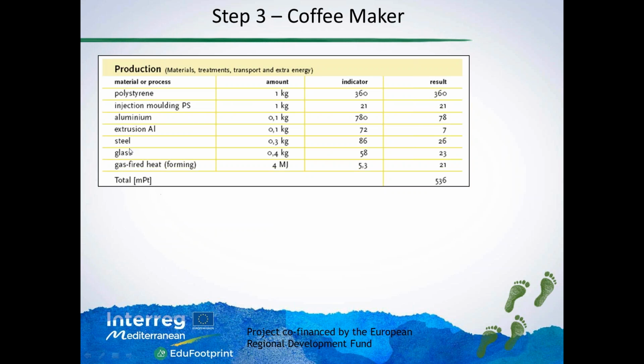And this is the amount of polystyrene injection molding, aluminum, steel, glass, and so on. This is the amount inside a coffee maker. This is the results of indicator.